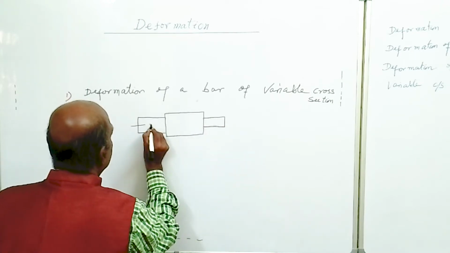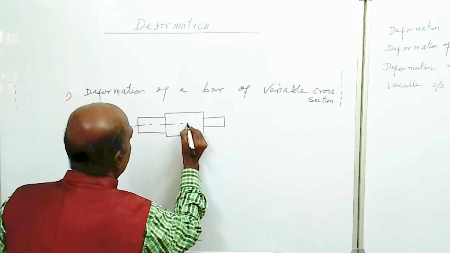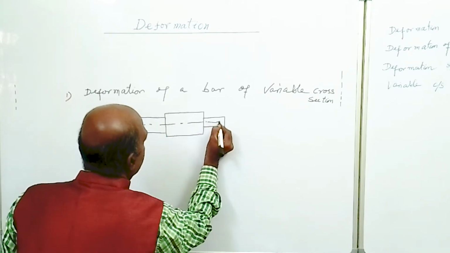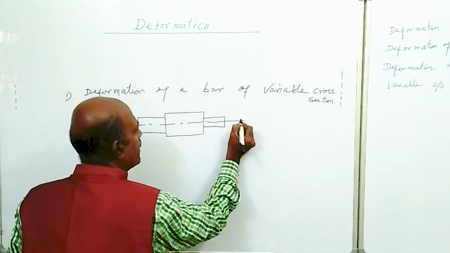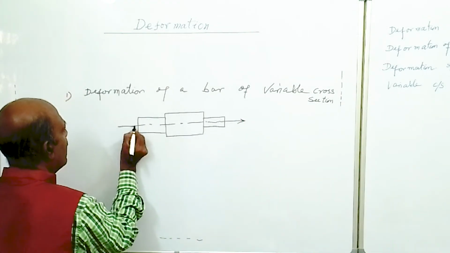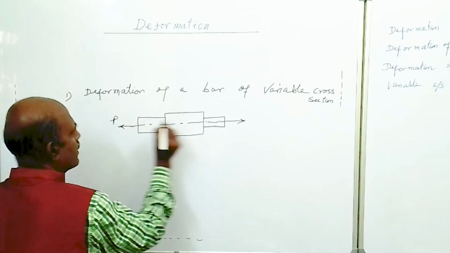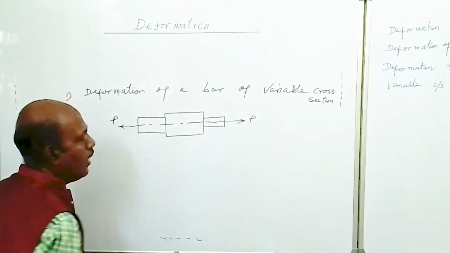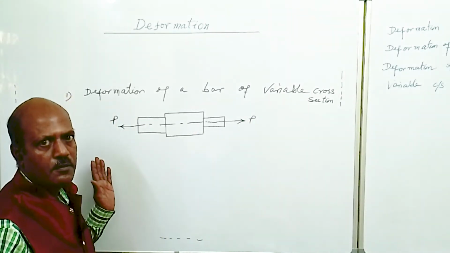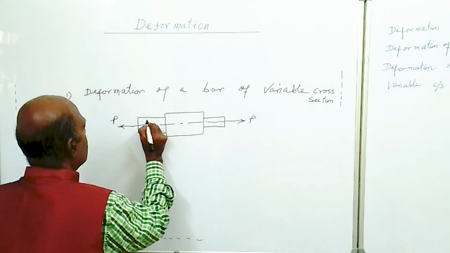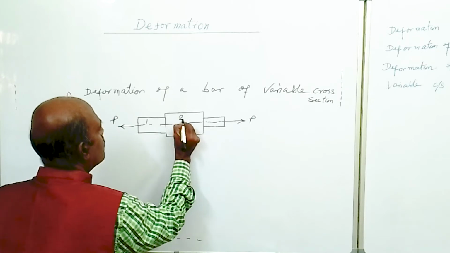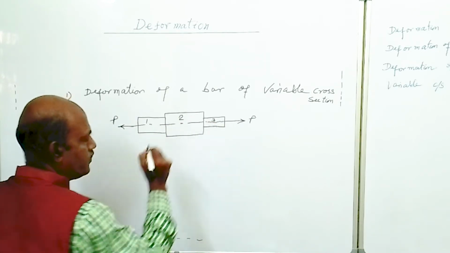Say this is the axis of the bar and it is having 3 sections, and say tensile load P is applied over the bar. P is the tensile load applied over the bar, and the bar is of variable cross section. It is having 3 sections, so we are marking here section 1, section 2 and section 3.